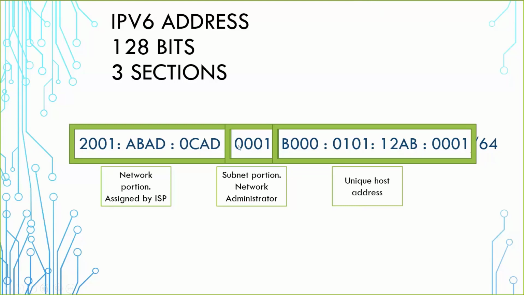So it's important to understand these addresses for when we are going to do IPv6 DHCP, because we make use of a lot of this stuff, right? So it's important that you know what each of these are.